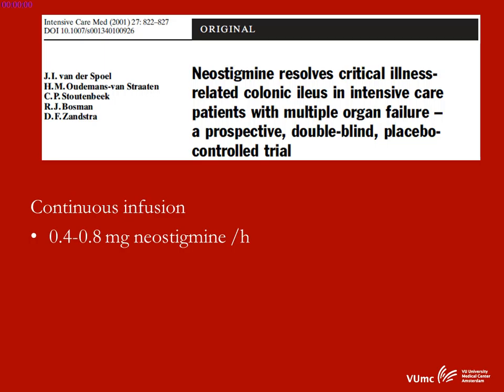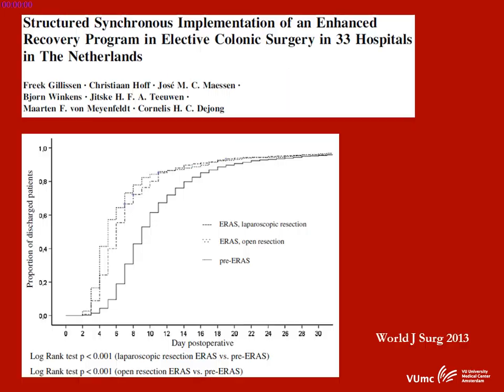This is also an old study, but you can use neostigmine in a very slow and gradual infusion, and in most patients with just colonic ileus, without enteral feeding, you can easily get defecation. It's safe and simple, and as soon as you have your defecation, you stop the neostigmine.